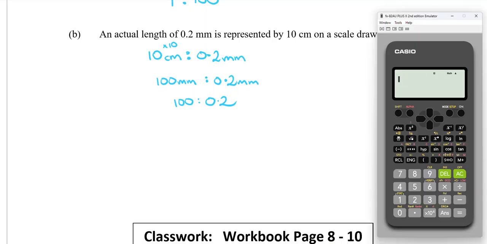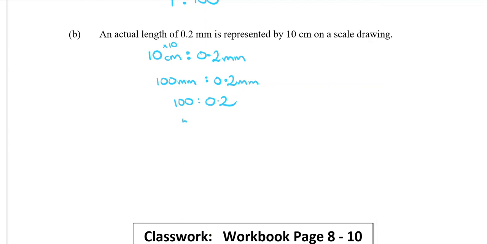So remember that you can also do these in your calculator. You could go 100 over 0.2, and it will simplify it down to 500 for you, which means it's going to be a 500 to 1 ratio. So the drawing is 500 times bigger than the real thing is what that means, because the bigger number is first.